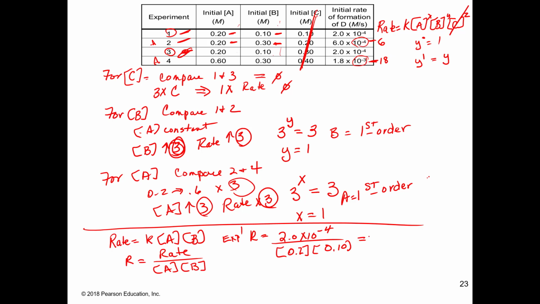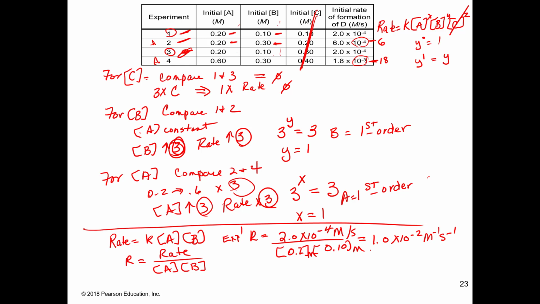And so when I put that in my calculator, make sure your calculator is your friend, K is 1 times 10 to the minus 2, molar minus 1, second minus 1, because that's molar per second, right? And that's molar, molar. So you end up with 1 molar left on the bottom. So that's molar minus 1, second minus 1, okay?